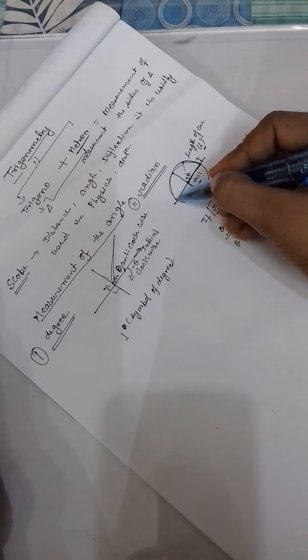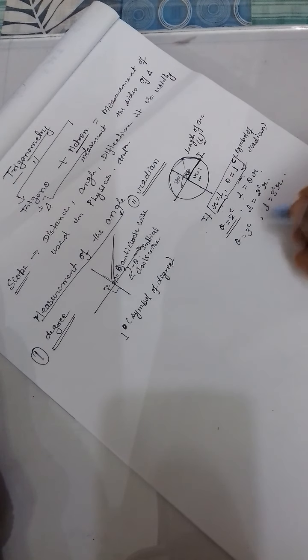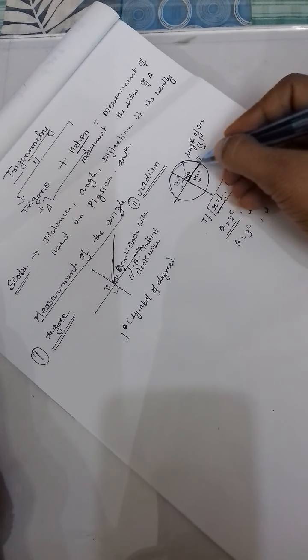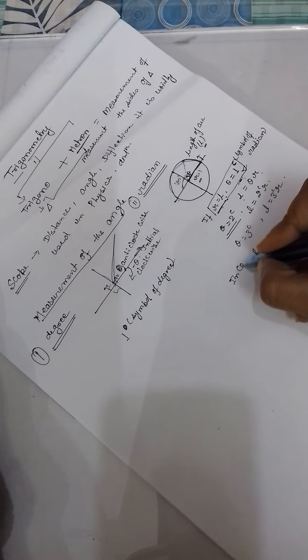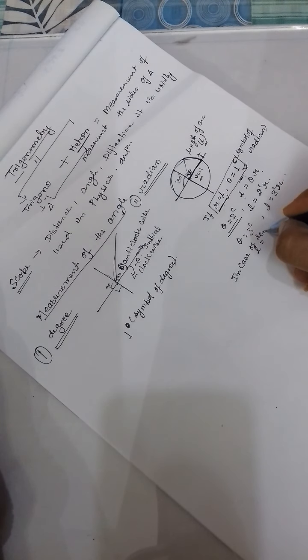Okay students, now when we move from here to here, this is 180 degree. We know about it in the degree concept. Now when we trace the semicircle, what is its length of arc? L is the circumference of the semicircle.